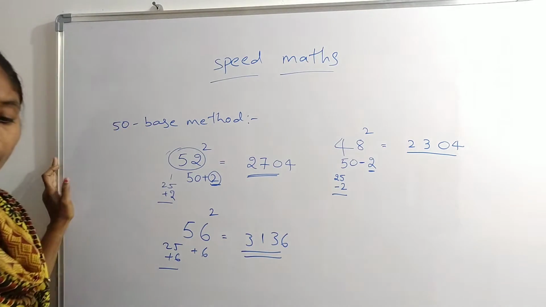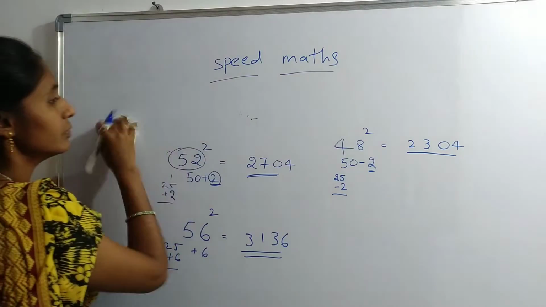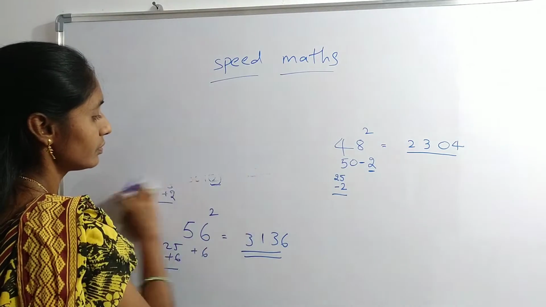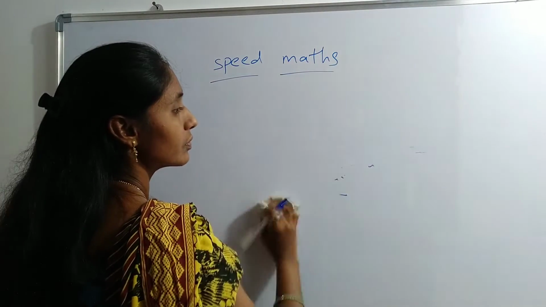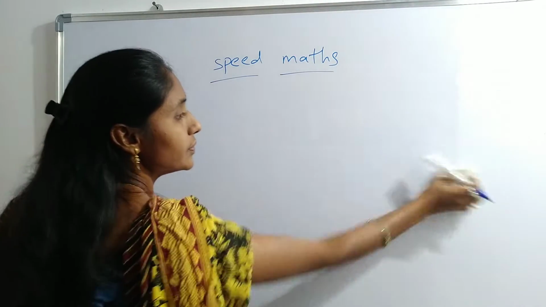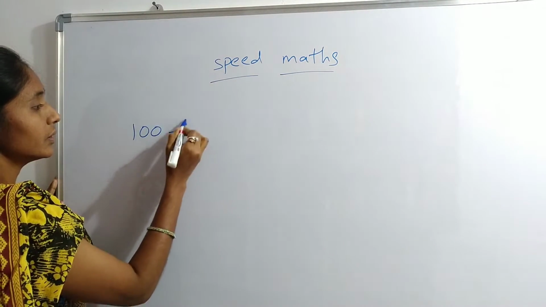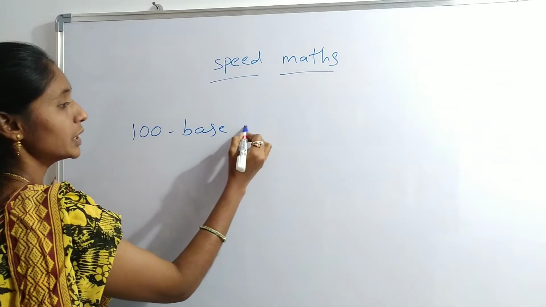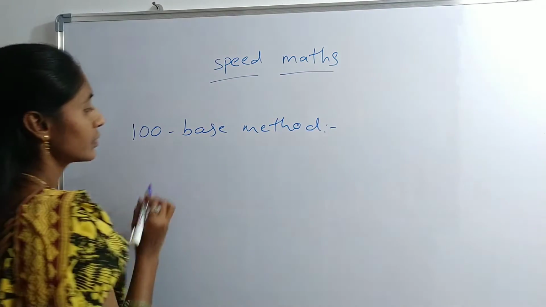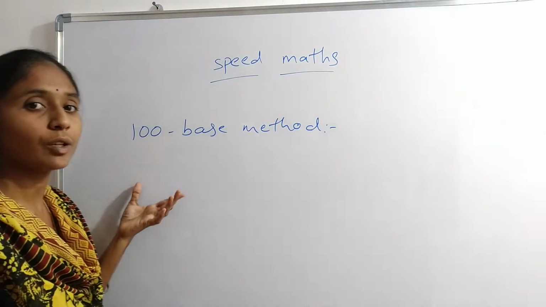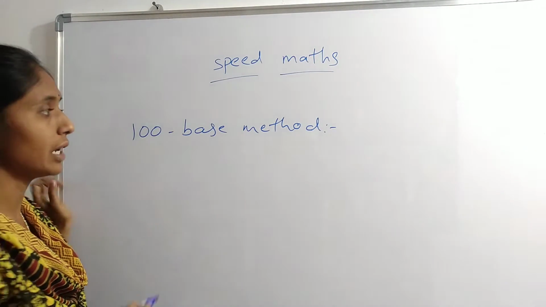Let me show the 100 base method. This means for values which are close to 100, we can find square values.